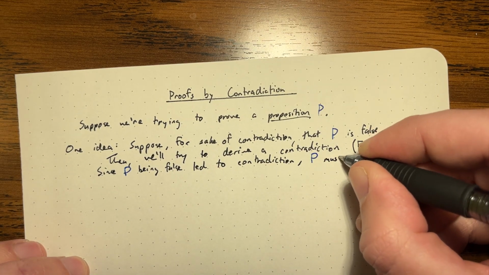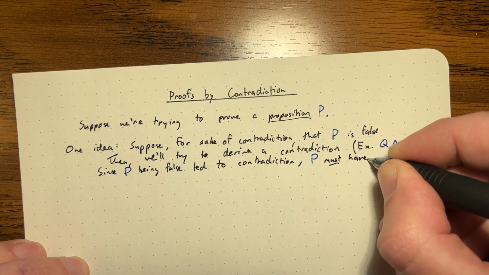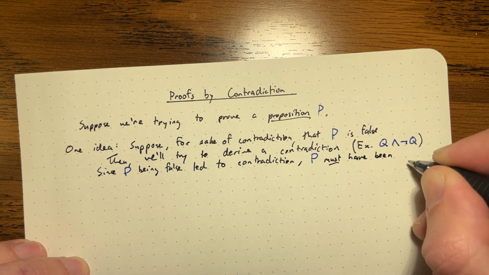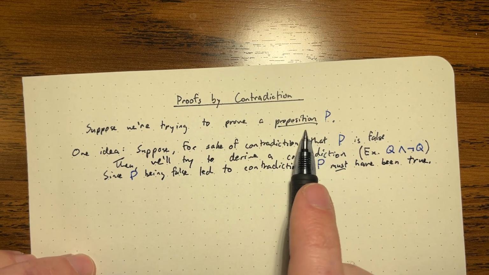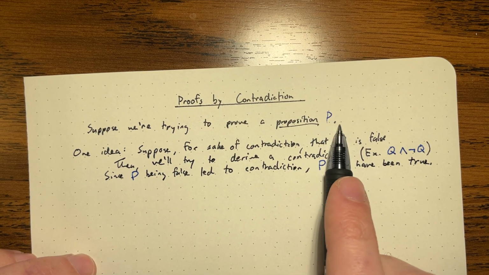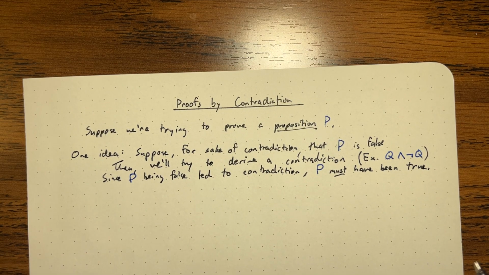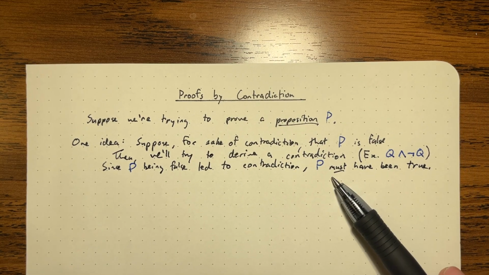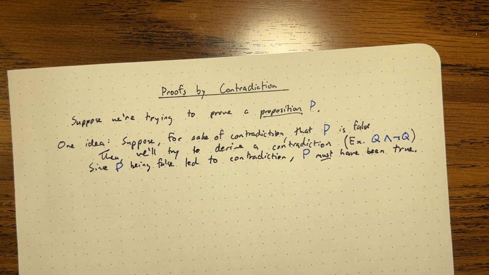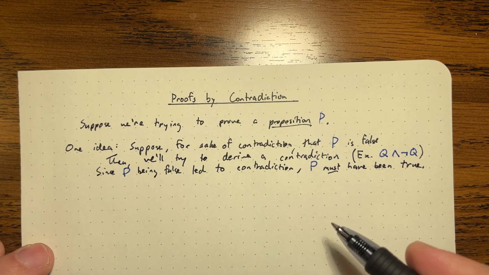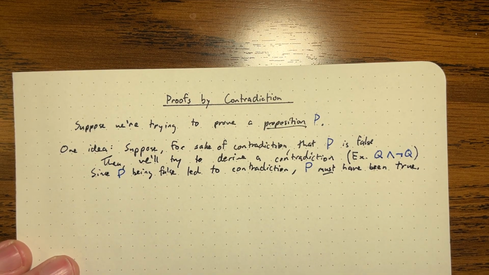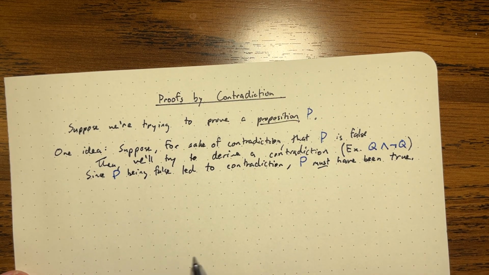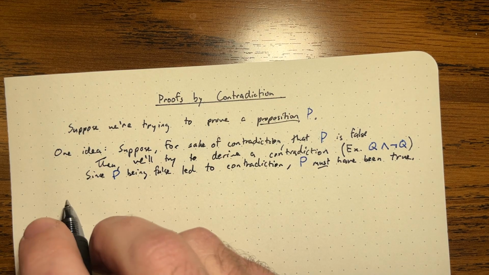P must have been true. Which actually completes the proof. It's a really interesting idea. And again, it's because a proposition is either true or false. It can't be both. It can't be a mix of the two. It's one or the other. We assume it's false, and then try to derive a contradiction. That actually proves that it must have been true. So it's sort of an indirect proof technique.